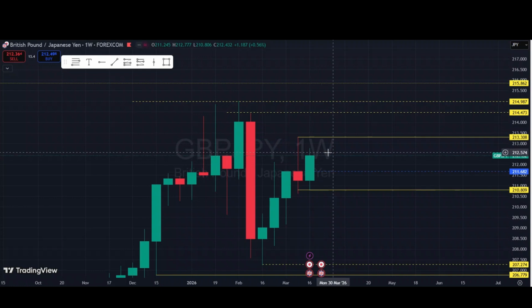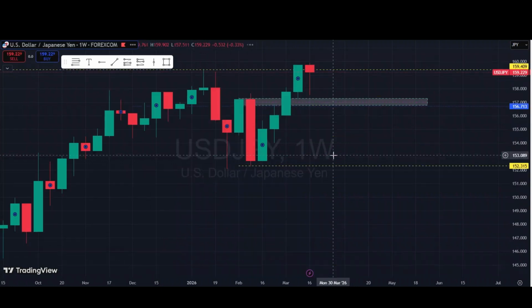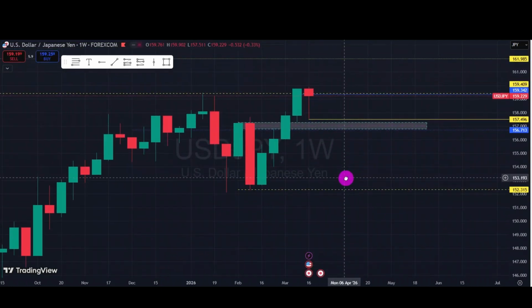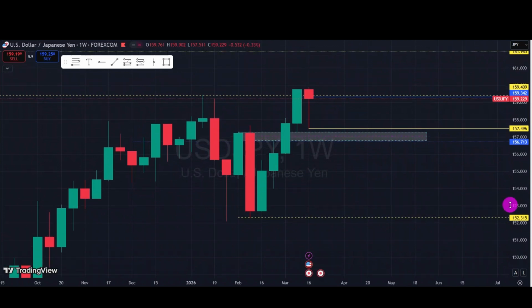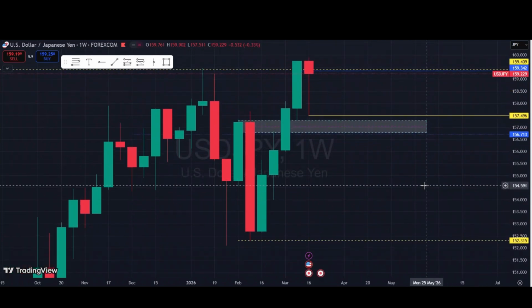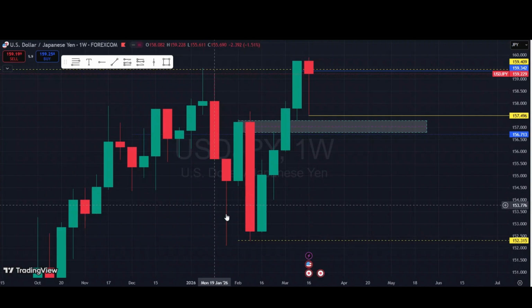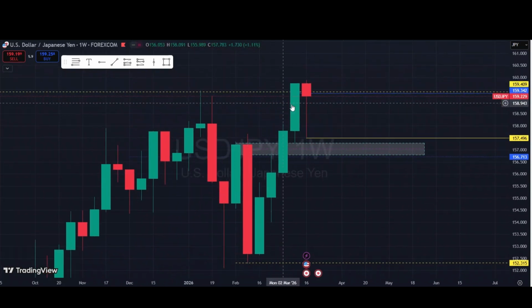We are moving next to our last pair for the week, which will be the USDJPY, starting also from the weekly time frame. So what range are we using on the weekly time frame? We can see this was supposed to be our range, the 159.40 level and this 152.3 level, and price took out that external high last week, and this is what price did last week.